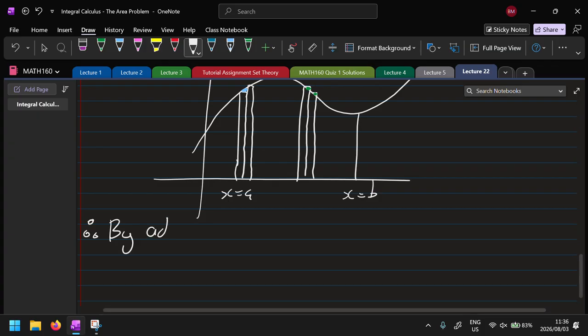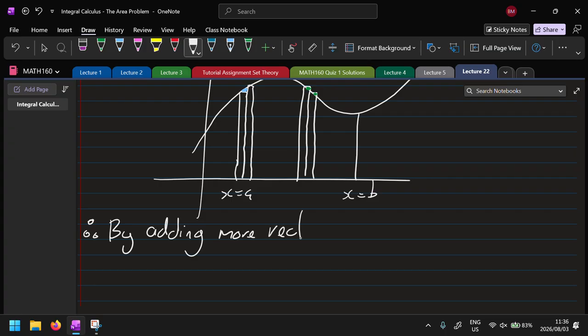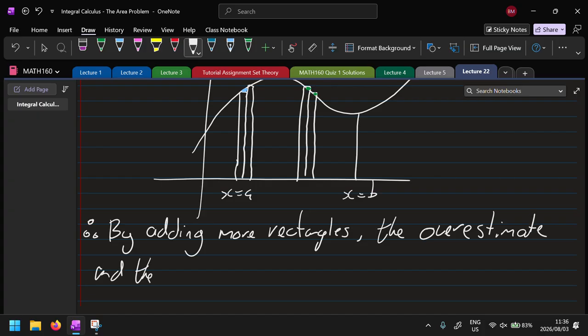Therefore, by adding more rectangles, in our case, we doubled the amount, the overestimate and the underestimate, in both cases, those were the errors, got smaller.